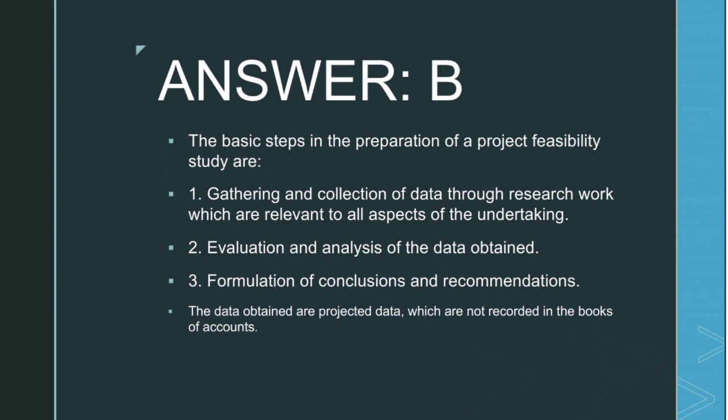Second, the evaluation and analysis of the data obtained. Lastly, is the formulation of conclusions and recommendations. Letter B is untrue or false because the data obtained are projected data, and these data are not recorded in the books of accounts.